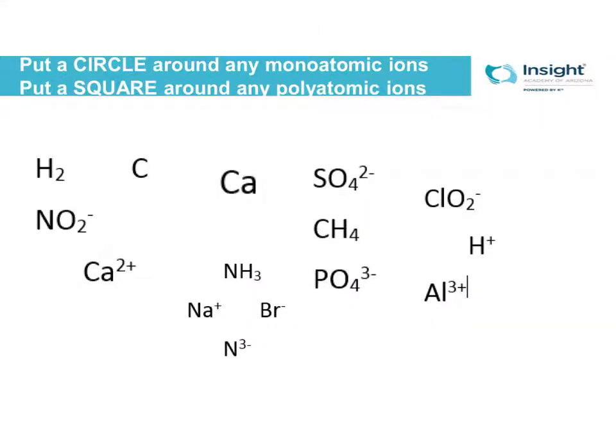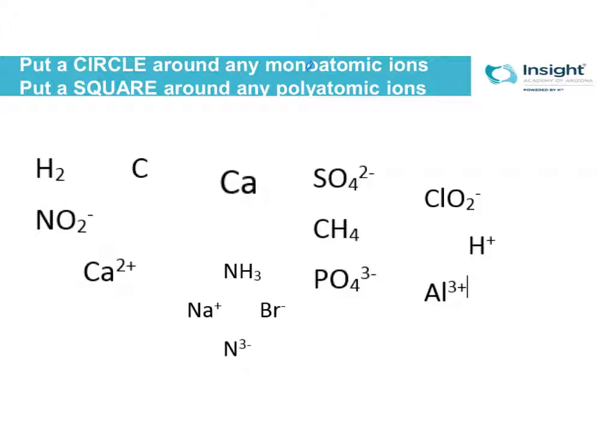So, go ahead and give this activity a shot. But if you've got the difference between your polyatomic and monatomic ions, this shouldn't be too difficult. Just be careful. So, circle any monatomic.